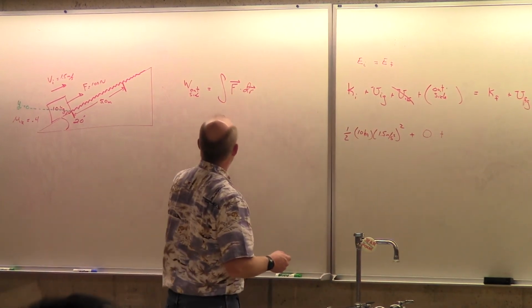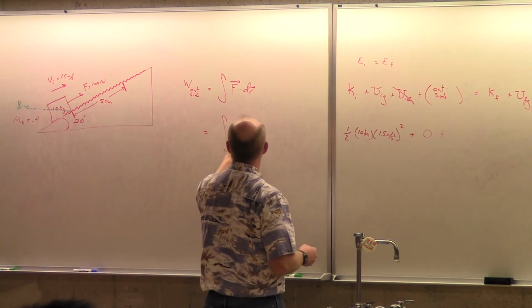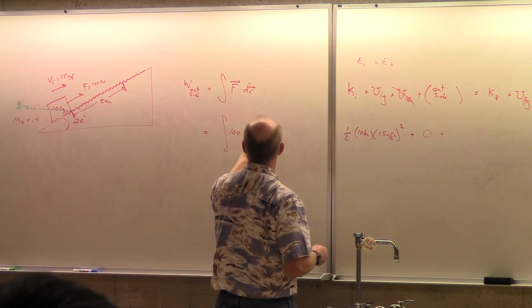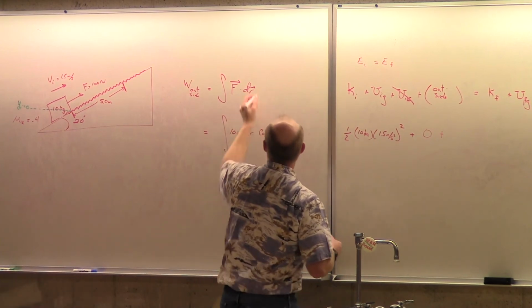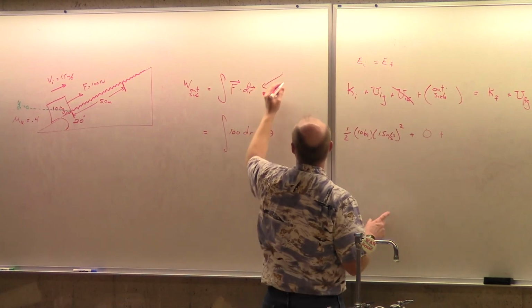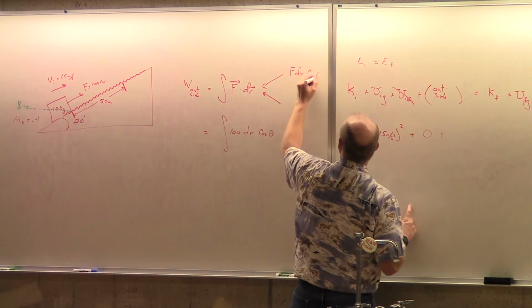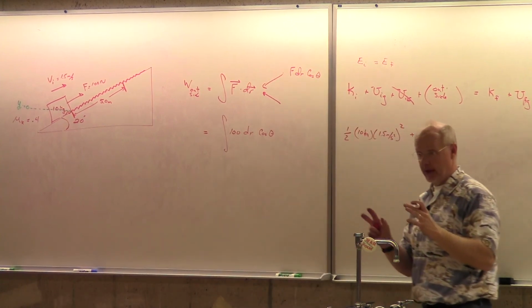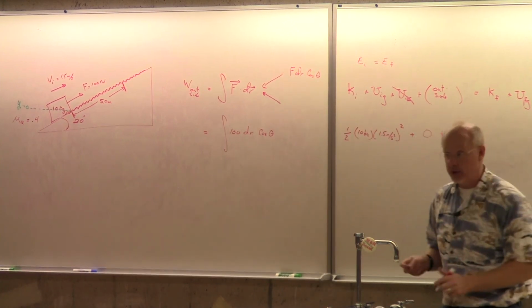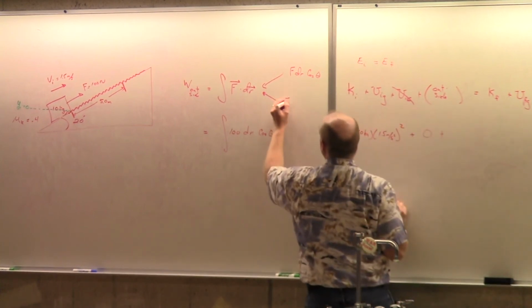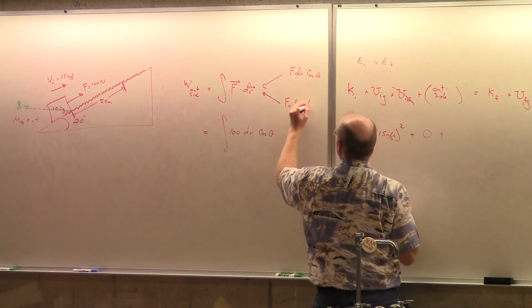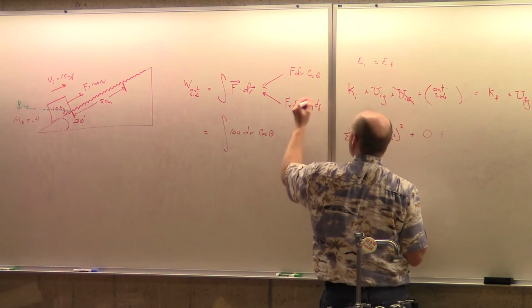I guess the dot product means, and with any dot product, there's two ways we can look at it. We can look at it as the magnitude of the two multiplied together times the cosine of the angle between them, or we can look at their x and y components.